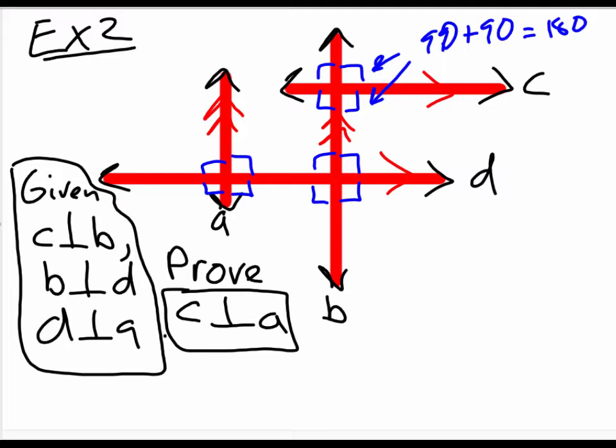In other words, what they're saying is, because D is perpendicular to A, right? In other words, they're saying because, why can't I spell the word because?